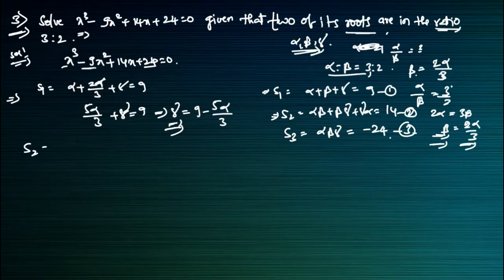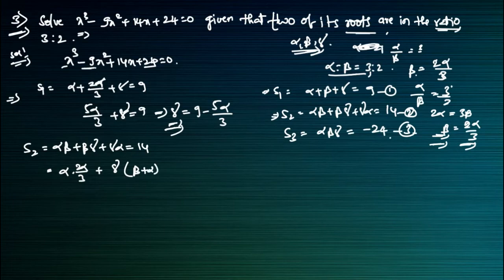So s2 is equal to alpha beta plus beta gamma plus gamma alpha, which is 14. So here I will take beta value as 2 alpha divided by 3, alpha into 2 alpha divided by 3, plus from this gamma I will take common, so it will become beta plus alpha, is equal to 14.